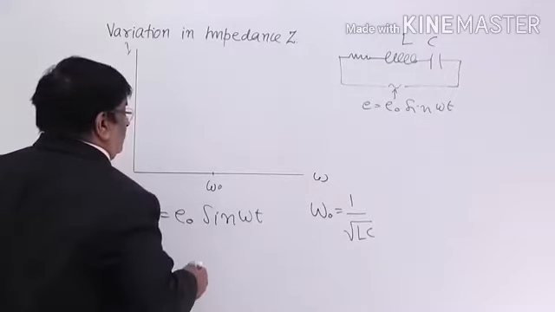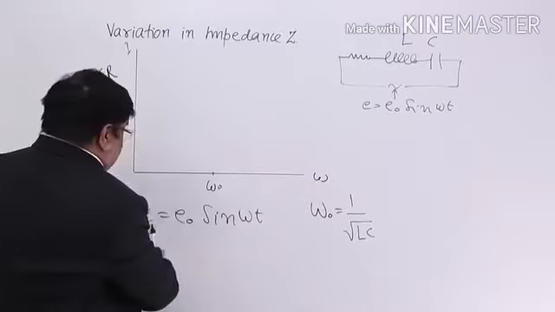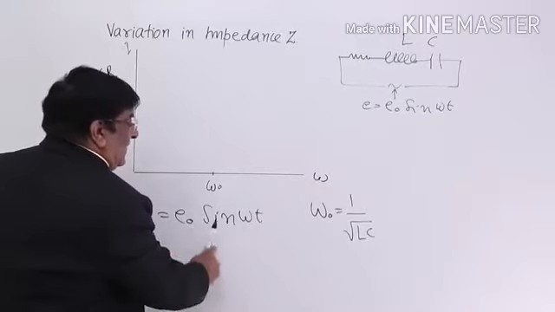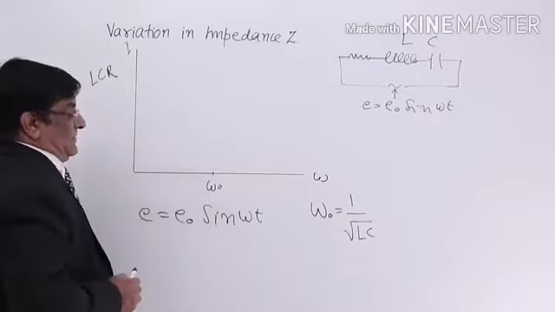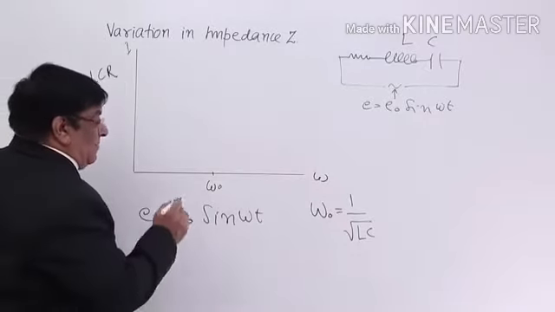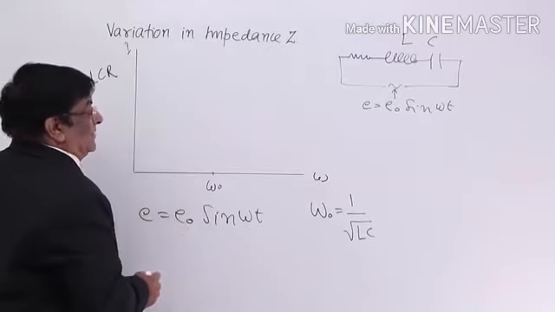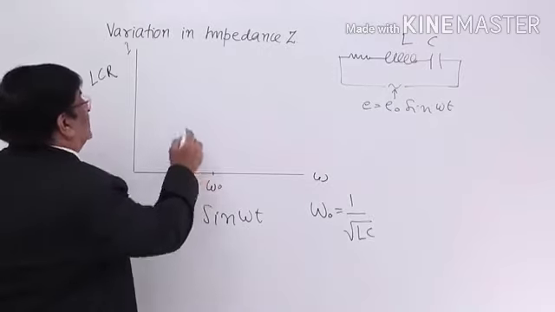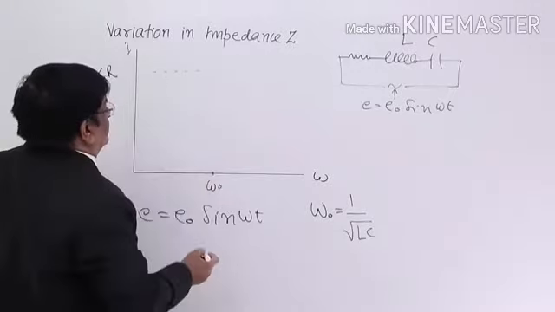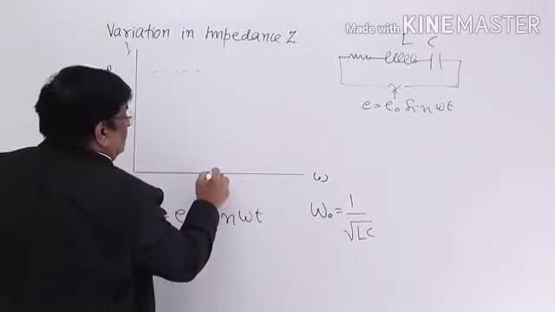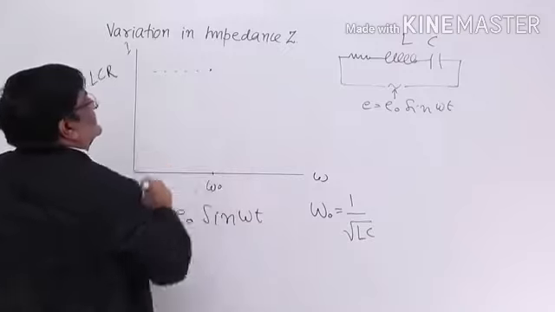Now, if our supplied EMF has a frequency which is equal to this frequency, then Z will be minimum and current will be maximum. We say current is this maximum value. That is, this is the current.